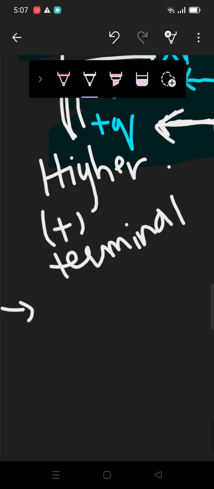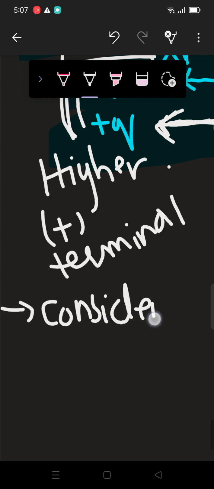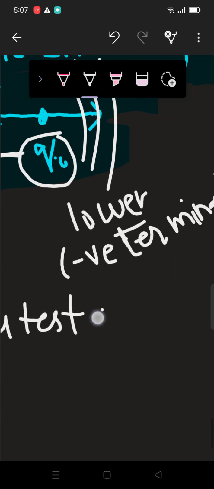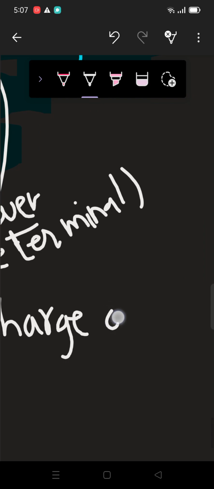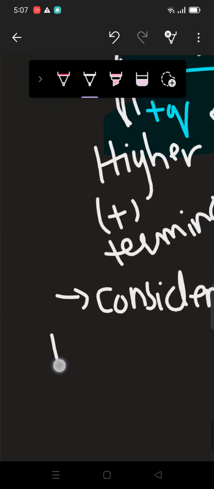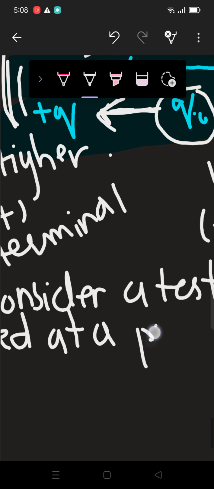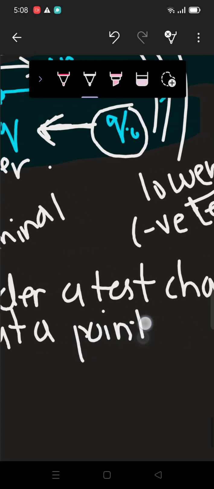So consider a test charge, or you can say unit positive charge, test charge q naught, is placed at a point A, right?